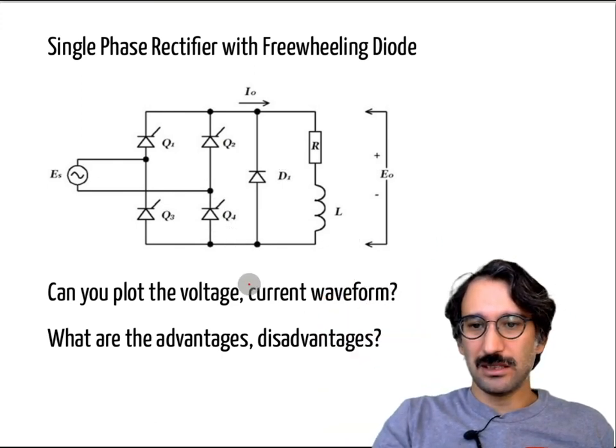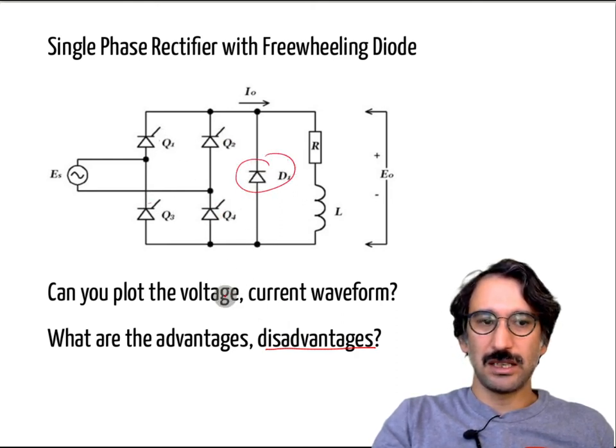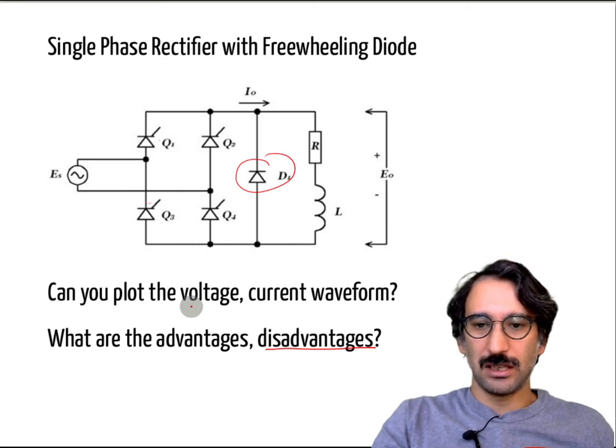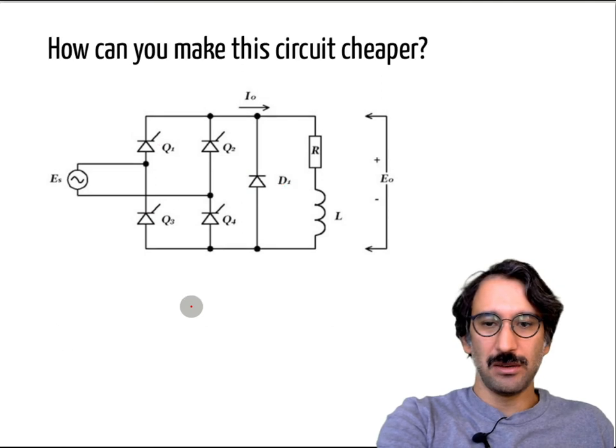And as a disadvantage, instead of using just 4 thyristors, you are using an extra diode, which increases the cost. But actually we can overcome that cost.